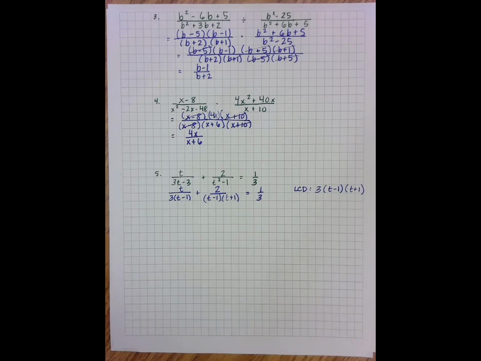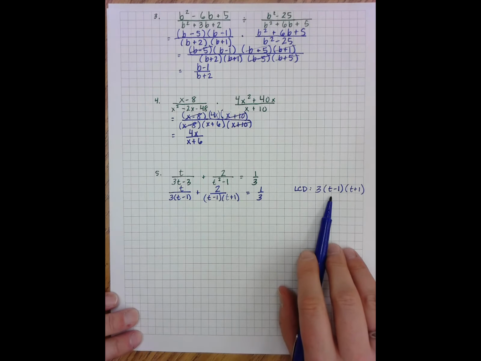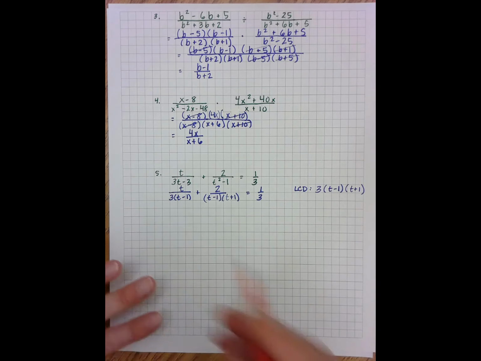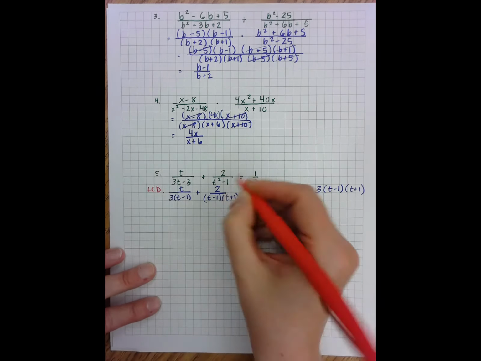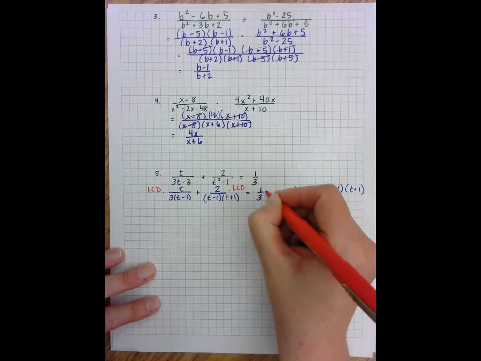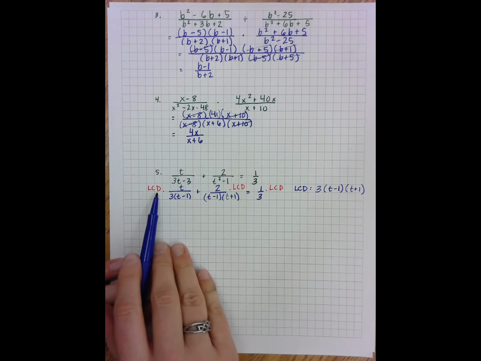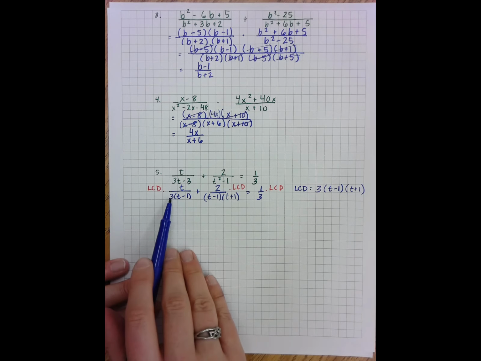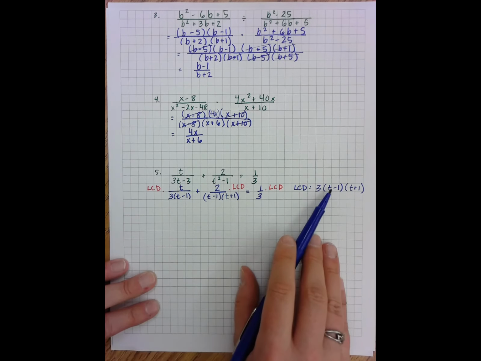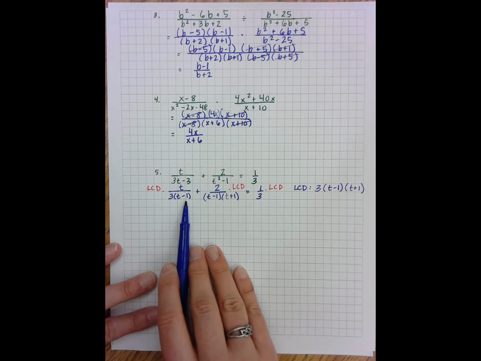So what I'm actually going to do is multiply each and every one of these fractions by this lowest common denominator. So I'm going to multiply by the LCD, multiply by the LCD, and multiply by the LCD. But remember, in this case, my LCD has a 3 and my denominator has a 3, and my LCD has a t minus 1 and my denominator has a t minus 1.